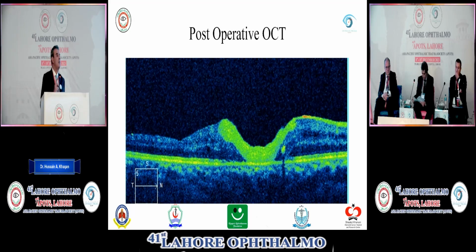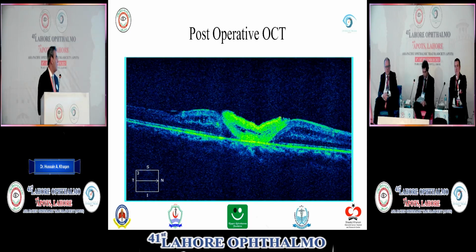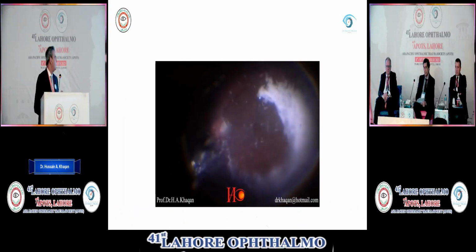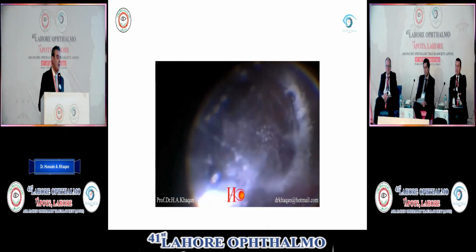Closure is 100% in this technique, but type 1 is more than 80% if you go within 30 days of the primary surgery. These are our post-op follow-ups, and we followed this patient lifelong. We have a 33 patient series in this, and this is the largest series available in the world for amniotic membrane graft to date.